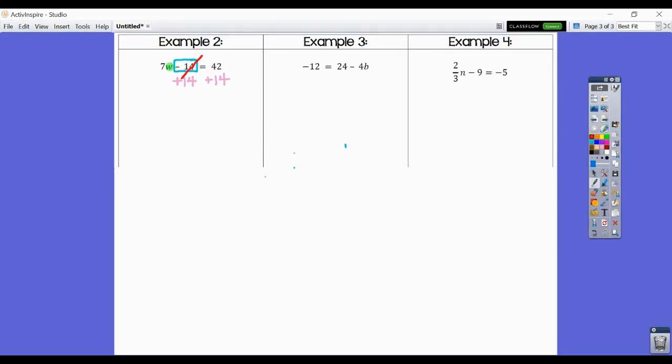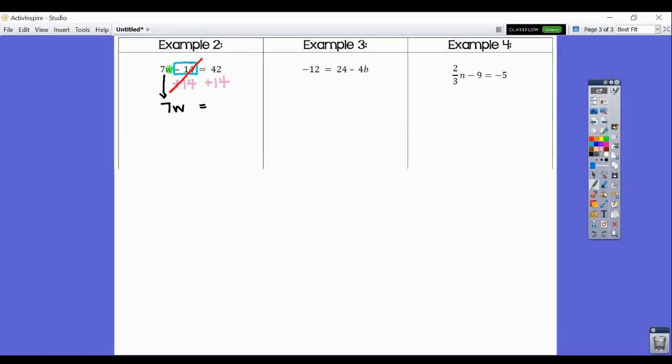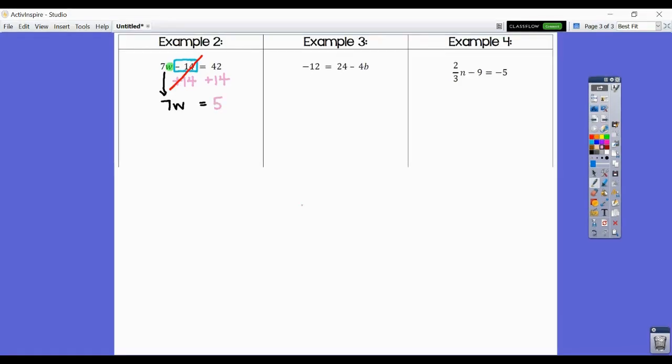The plan is always to cancel those out to 0. If that doesn't happen, you didn't use the correct operation. We bring down everything that's left. The 7w, don't forget the equal sign in between the 7w and what is on the right side, which is 42 plus 14, which comes out to be 56.